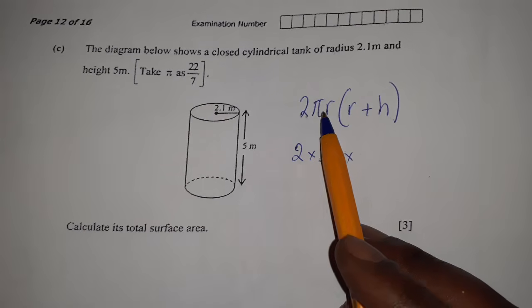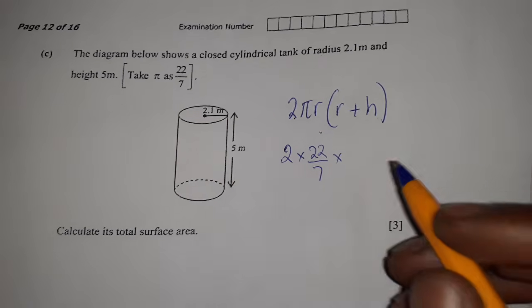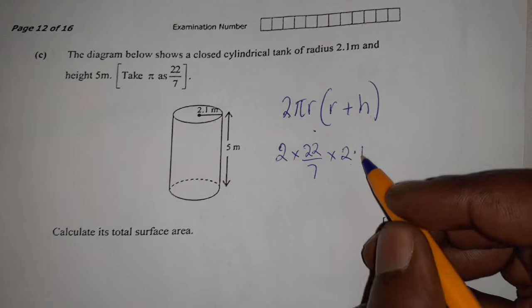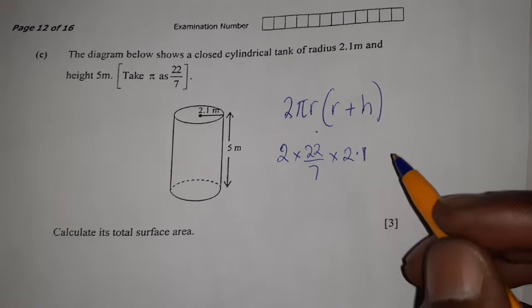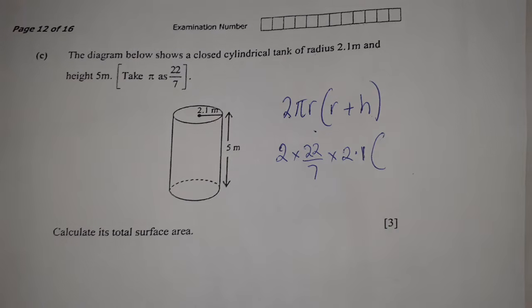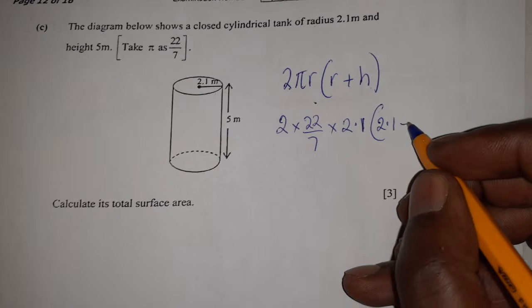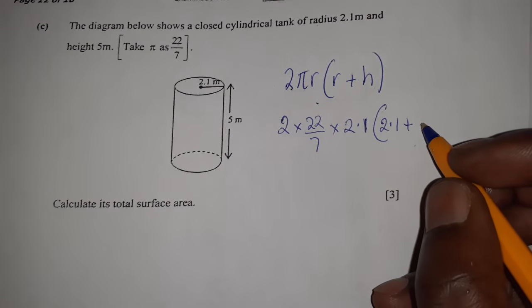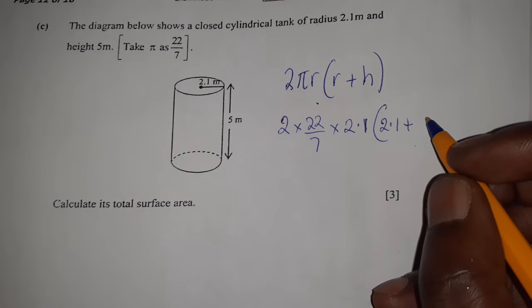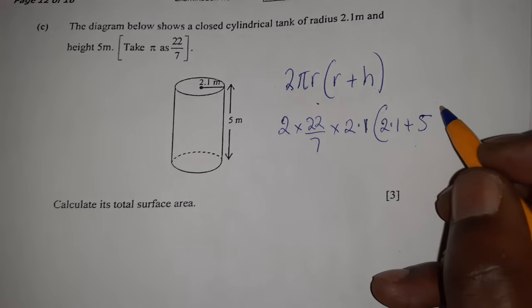So this is 2 multiplied by the pi. The pi is given there. What is the radius? Radius is 2.1. Then multiplied by, again, 2.1 plus 5, which is the height here.